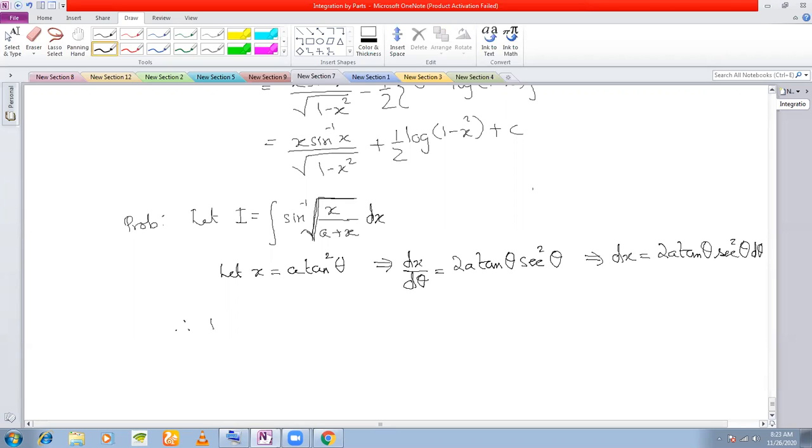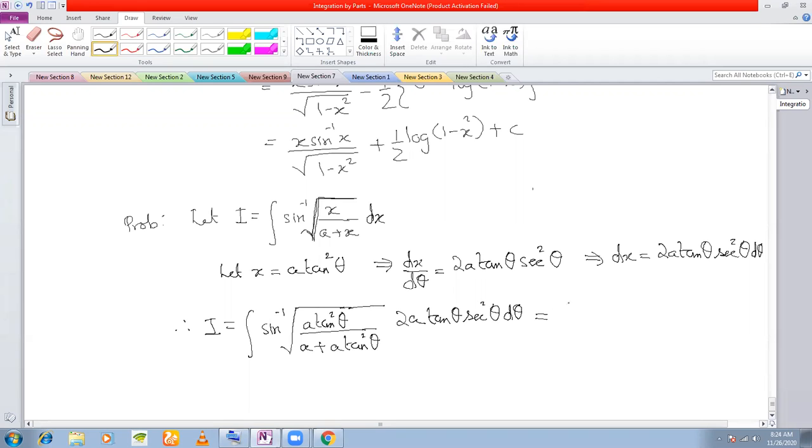Therefore I becomes the integral of sine inverse root over of a tan square theta by a plus a tan square theta, and instead of dx, you put the value of dx in terms of theta. It is 2a tan theta sec square theta d theta, right?